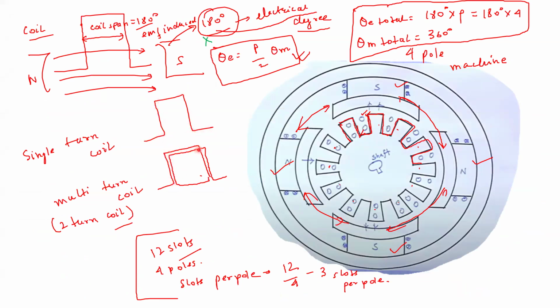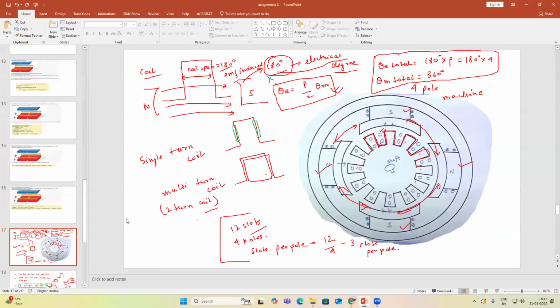In a single turn coil, how many conductors are there? There are two conductors, like this. So in a single turn coil, there are two conductors. Let me just write it in a fresh way.